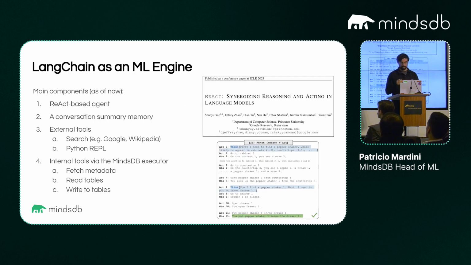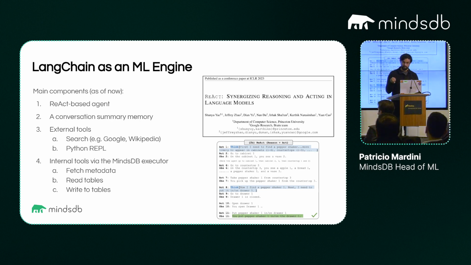Now, the main components that we're using for LangChain as of now, again, understanding this is a huge set of potential, let's say, LangChain stacks, right? What we're doing as of today is essentially using a ReAct-based agent. Now, ReAct is a very cool paper from people at Google and Princeton, and essentially they figured out a way to perhaps constrain the action space of a large language model and structure it in a way that it acts, it observes, and it thinks.